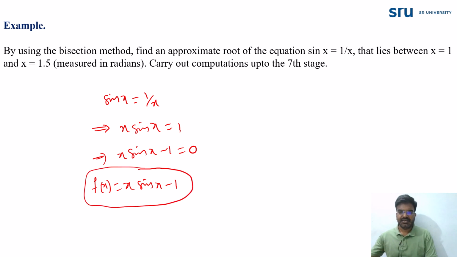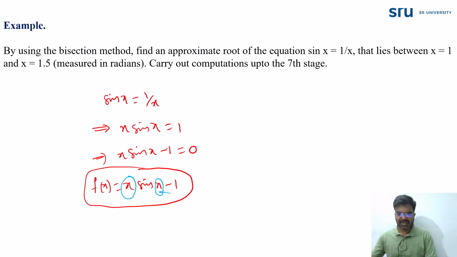And one more thing, generally here, see, this is a transcendental equation because you can find sin x. We write x here either in degrees or radians. But to solve this problem, always we write x in radians, because here x means a normal number, but here x means an angle.